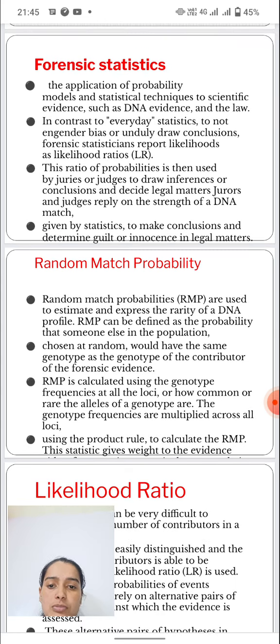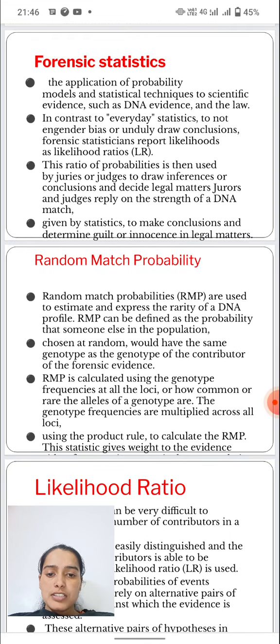RMP is calculated using the genotype frequency at all the loci, or how common or rare the allele or the genotype fractions are, multiplied across all the loci. Using the product rule to calculate the RMP, this statistic is given as weight to the evidence.